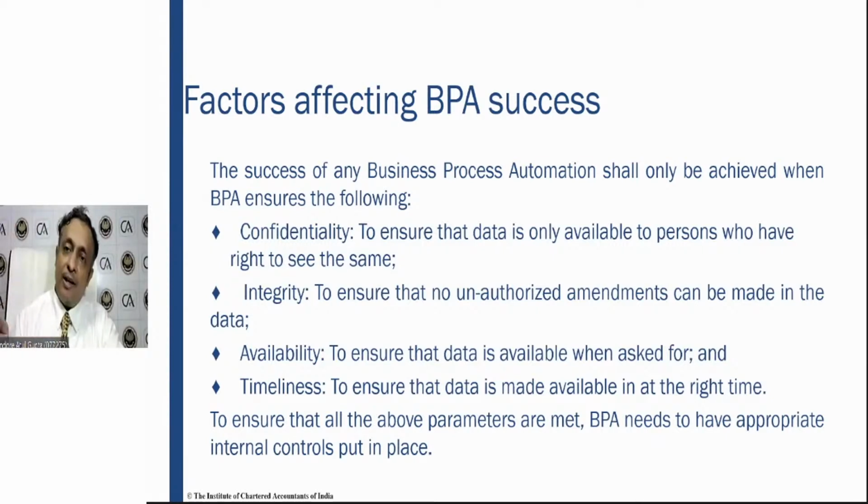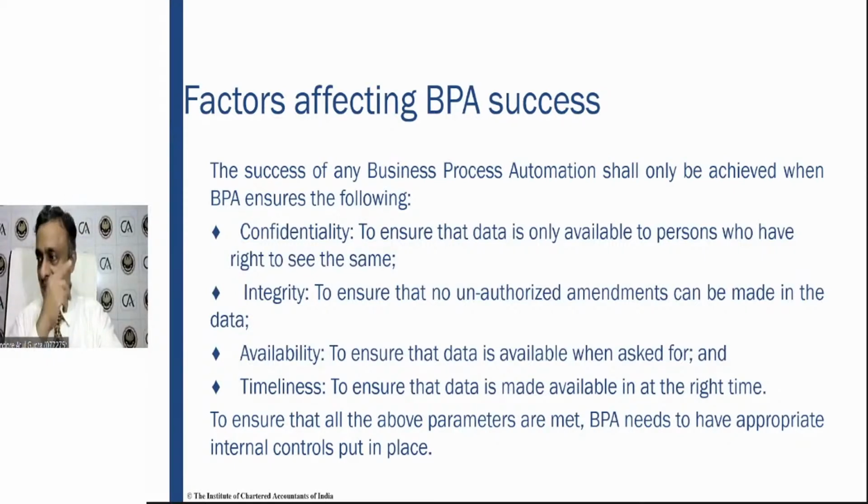When you become chartered accountants, when you go for post-qualification courses, when you go for implementation of systems, these three words are going to exist at every location. Very, very important. So the question that would be asked is factors affecting the success of business process automation. So what are those factors? First, confidentiality. Second, integrity, availability, timeliness. Let us read. Let us create an example for each of these.